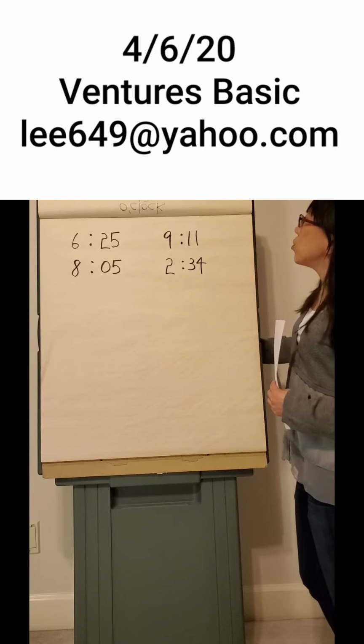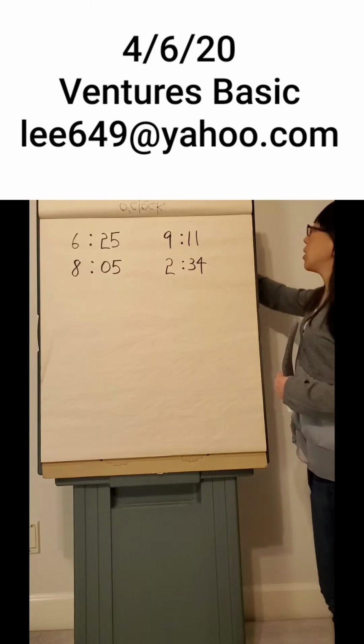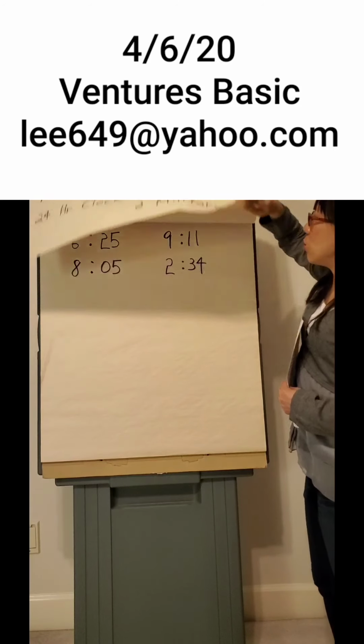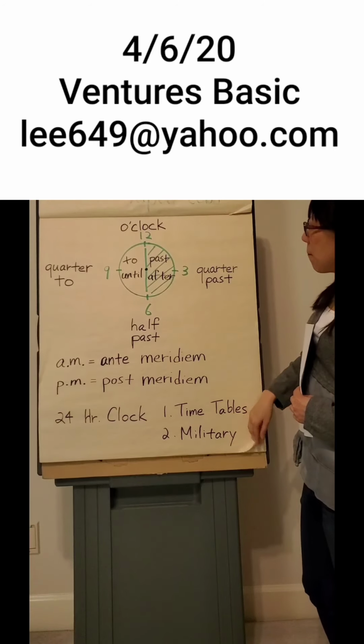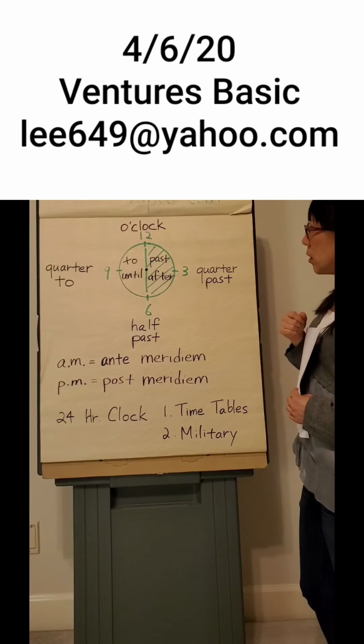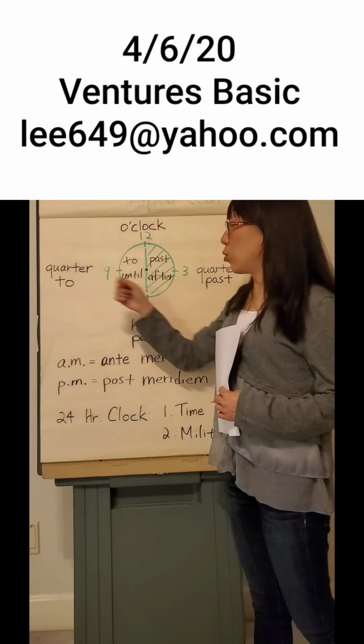2:34 PM is 2:34 in the afternoon. The harder way to tell time is using past or to.